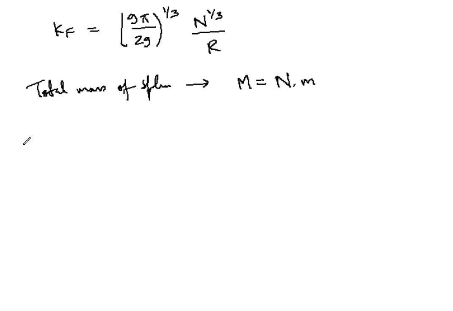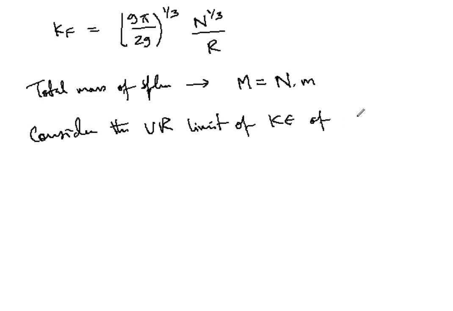So let us consider the ultra-relativistic limit of the kinetic energy of a fermion. Then we can write E kinetic equal to kF, and so the total energy of the particle becomes Er.